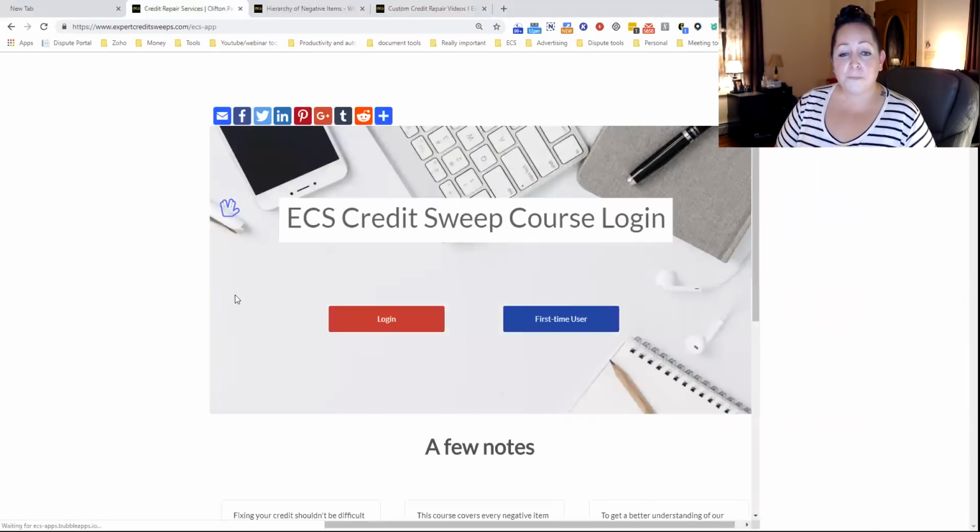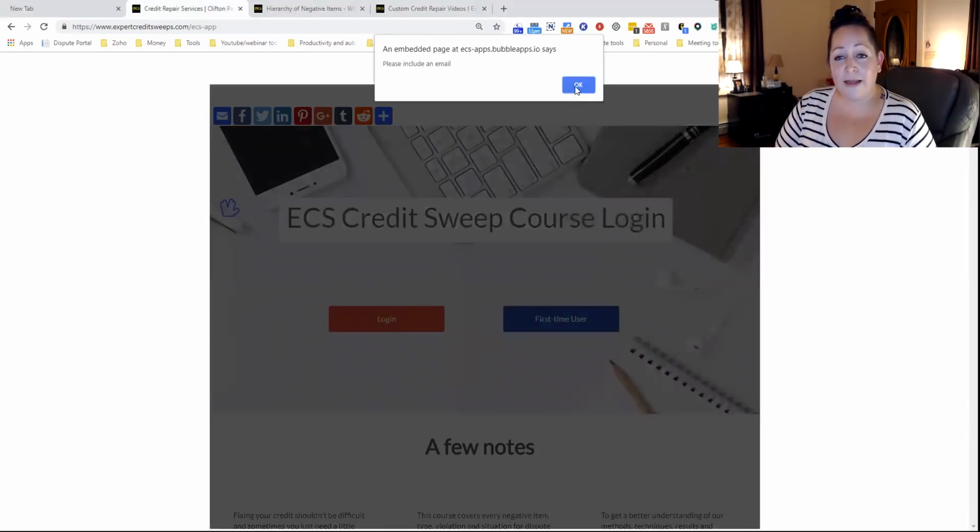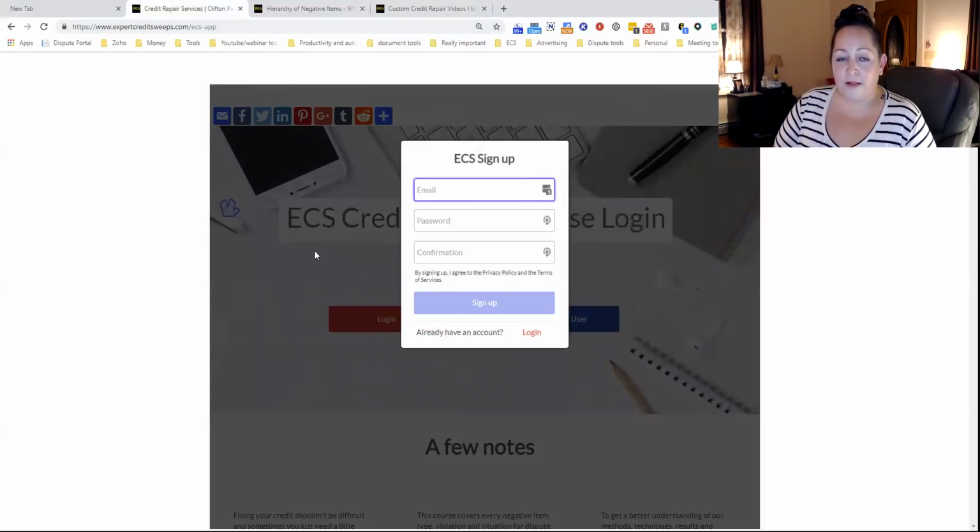This is acting a little bit slow because I am recording. This is the Credit Sweep course login page, and you would log in if you have an account, and this is what that would look like. If you logged in, it would drop you on whichever of the 3 sections that you paid for. If you only paid for 1, it would only show you 1 and would not let you click on 2 or 3.